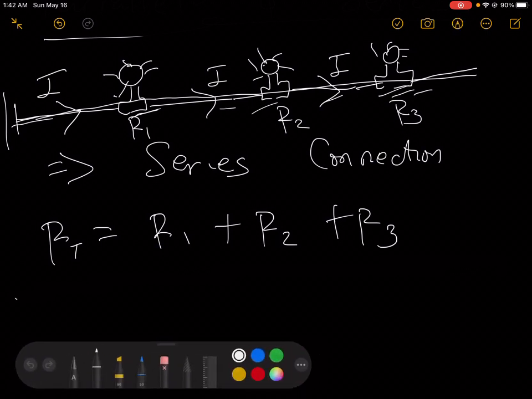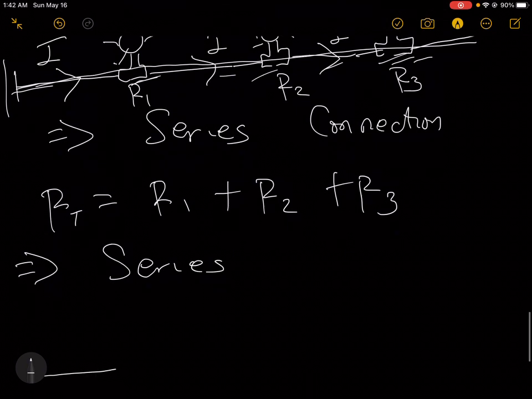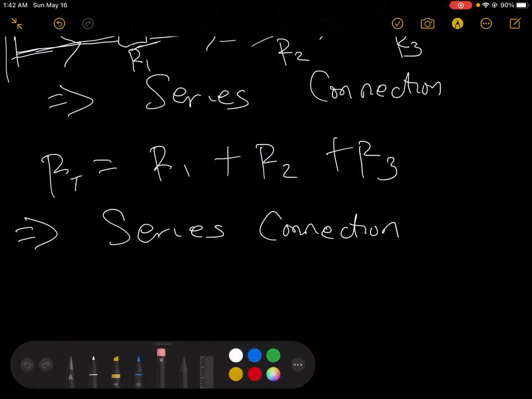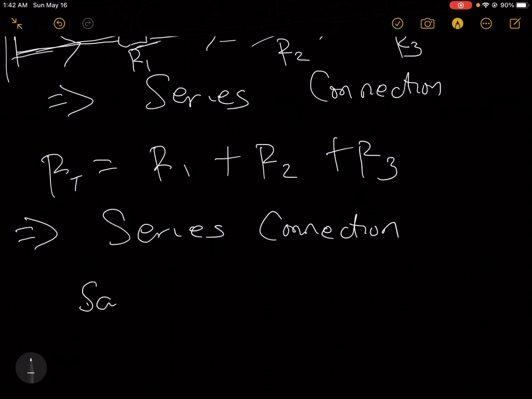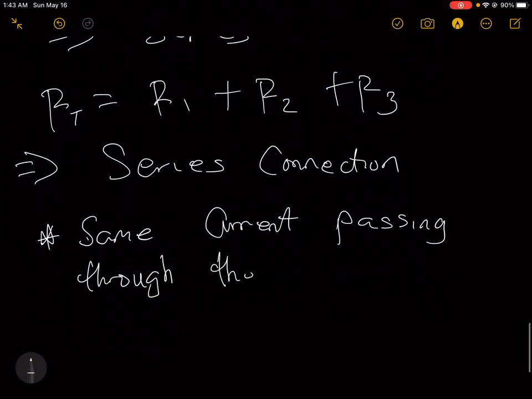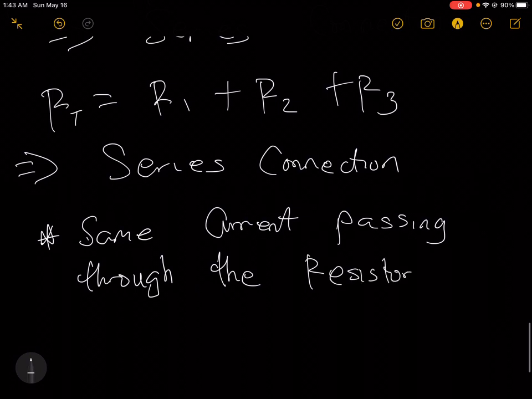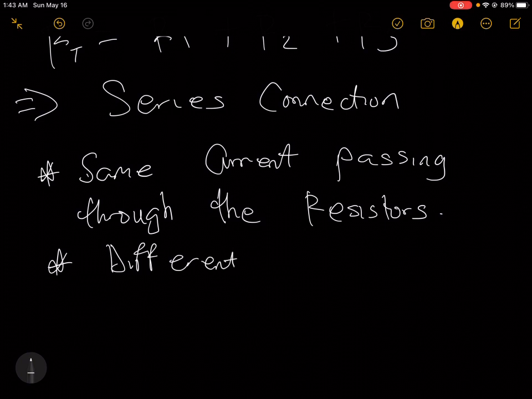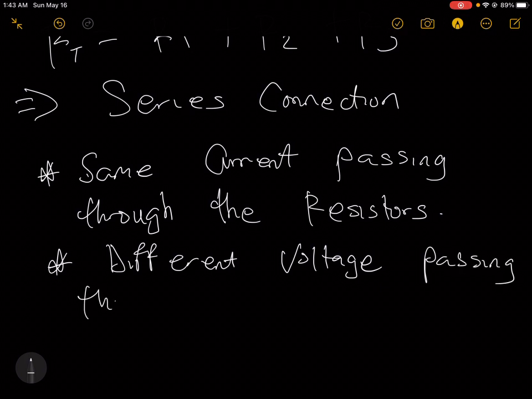Okay, so in a series connection, we have the same current passing through the resistors, and we have different voltage across the resistors.